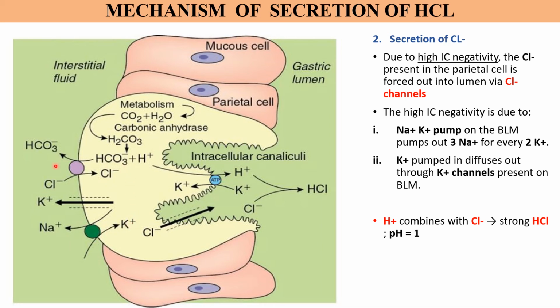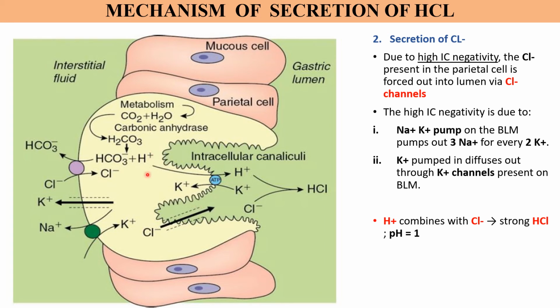Also, the potassium ions taken inside diffuse out of the basolateral membrane through the potassium channels, and all these reasons make the inside of the parietal cell more negative compared to outside.